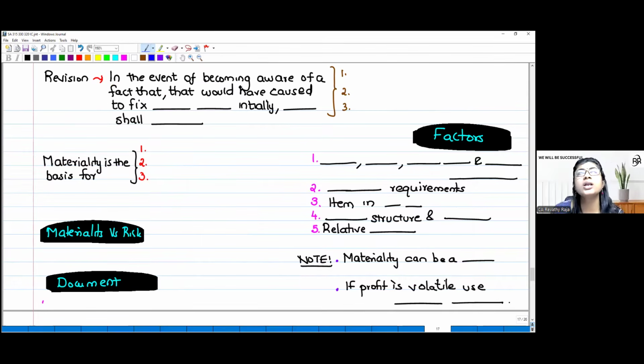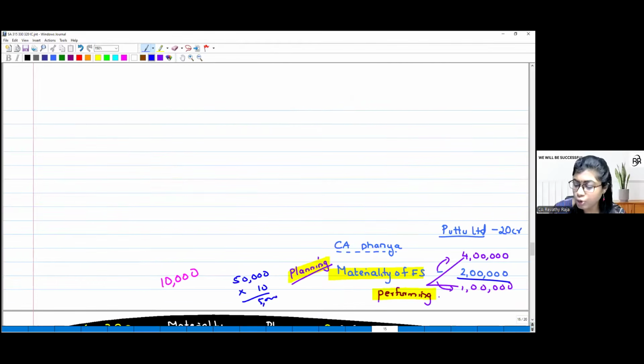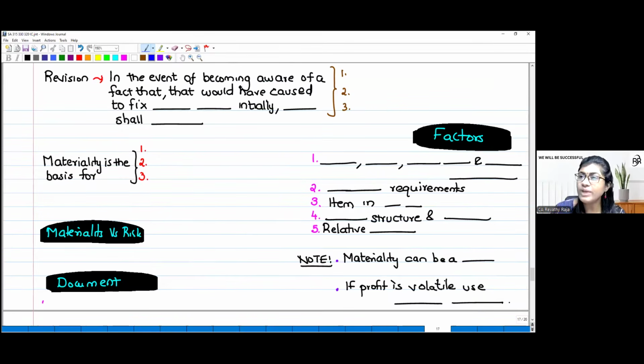Materiality, we determine in which stage? Planning. And in performing, Danya determined 2 lakh, then she revised it to 1 lakh. When will she revise? Danya came to know a fact.